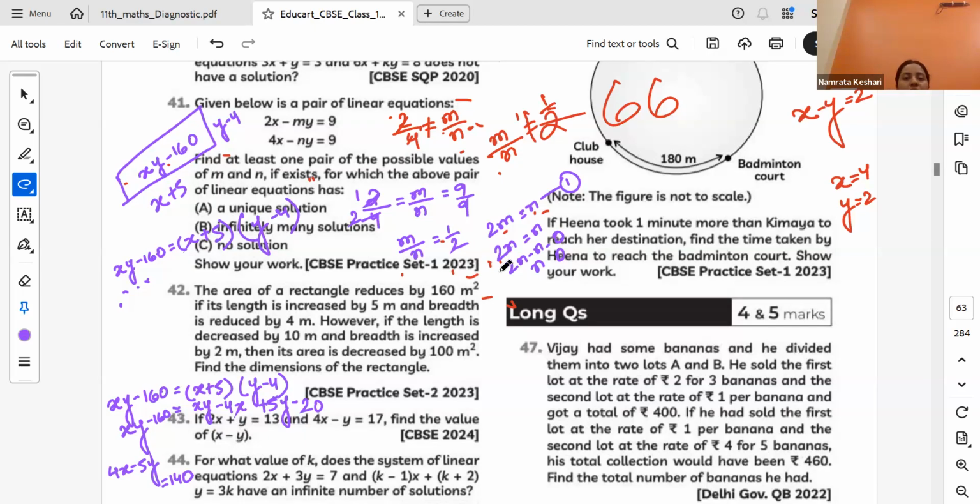Are you getting it, Rayan and Ritvika? Yes, ma'am. Yes, Rayan, is it making sense? Are you there?